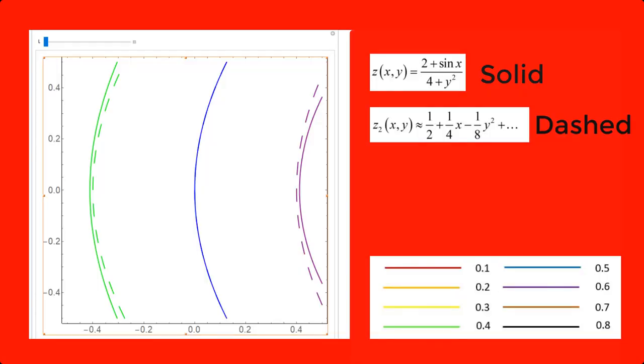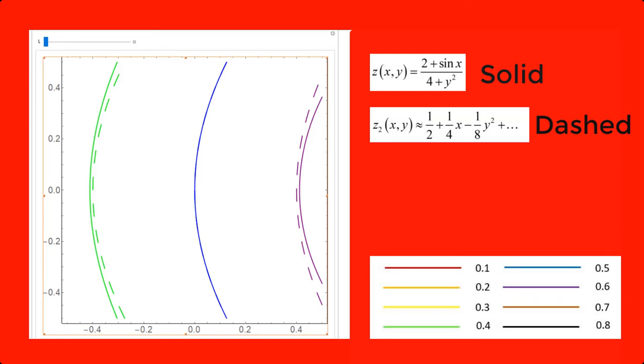For an area close to the origin, we can see here solid curves representing our original function z for 0.4, 0.5 and 0.6, whereas in dashed we have the corresponding curves for the second order approximation, that is z2, again for the same values of the function. We see those contours.